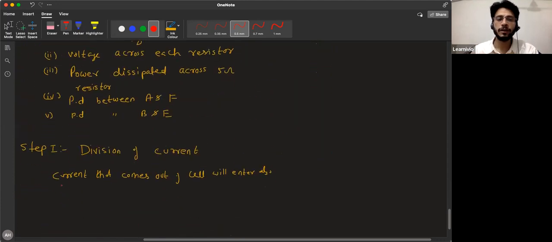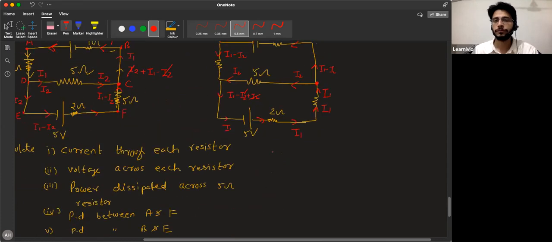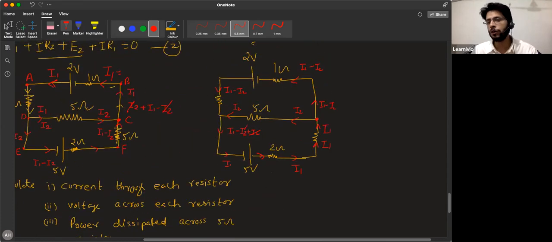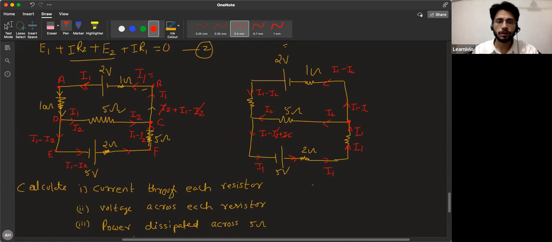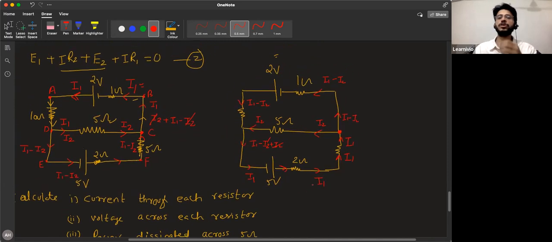By this statement: current that comes out of the cell should enter. I1 current goes out of the cell, so I1 should enter. Is it clear, everyone? Yes, sir. Okay, now do it. Just note this division of current.